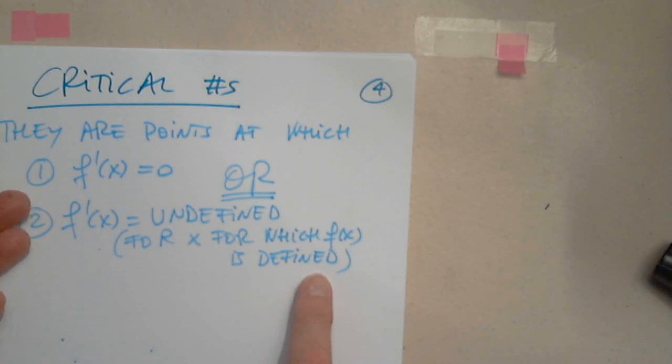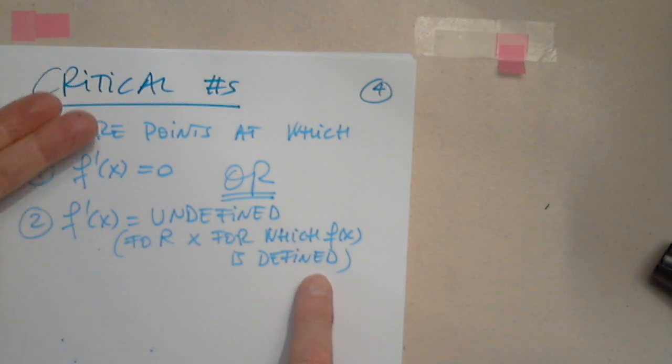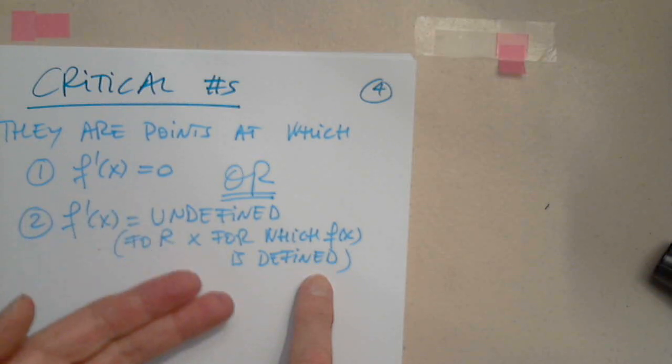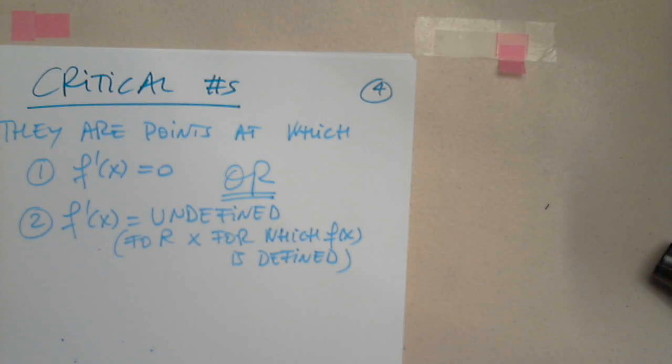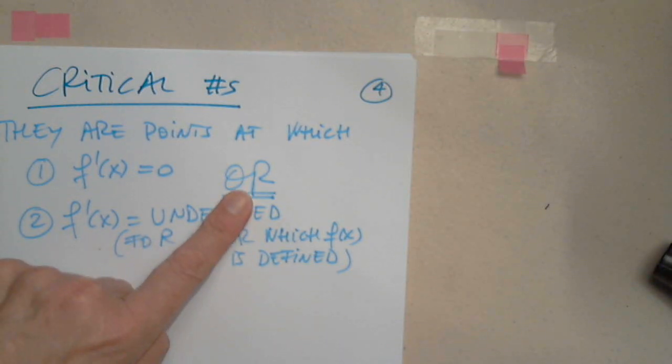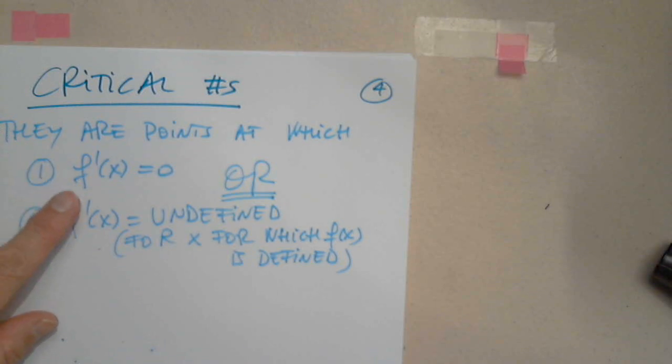So a function cannot have a critical number when the derivative is undefined and it itself is not defined. It's not possible. So a function has a critical number where it's defined and at the same time the derivative is undefined, or it has a critical number where f prime of x is 0.